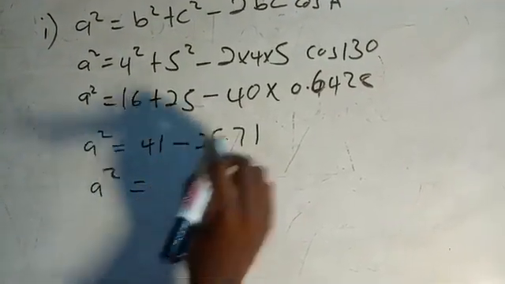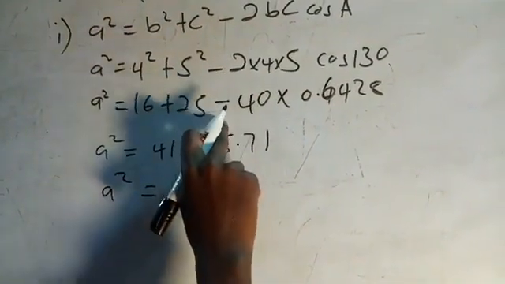So a squared will be, let me see, it's a negative here.